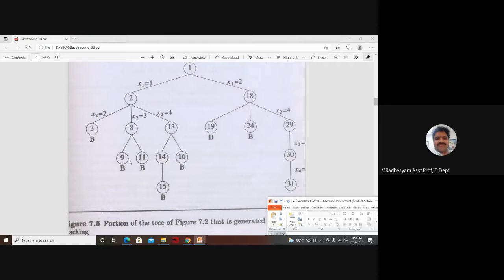At steps 9 and 11, what we realized is x3 is wrong and x2 is also wrong. We can correct x2, and we moved on to nodes 15 and 16. What we realized is x2, x3, x4 also wrong, x3 also wrong, x2 also wrong, and even x1 is wrong. We can go another way. x1 is equal to 2.